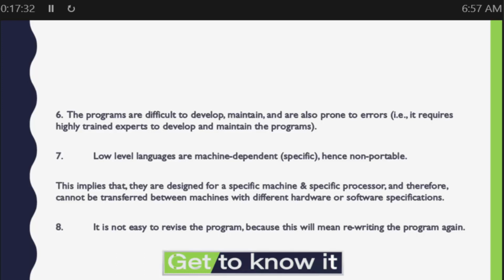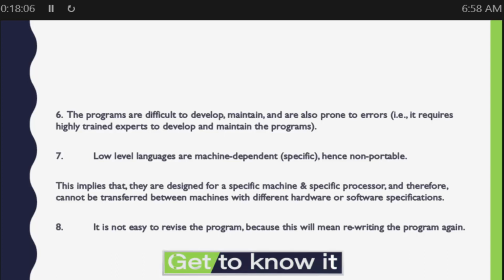So if you buy a new computer, it may not have the hardware that the program you want to run was developed for. This therefore implies that they are designed for a specific machine and specific processor, and therefore cannot be transferred between machines with different hardware or software specifications.